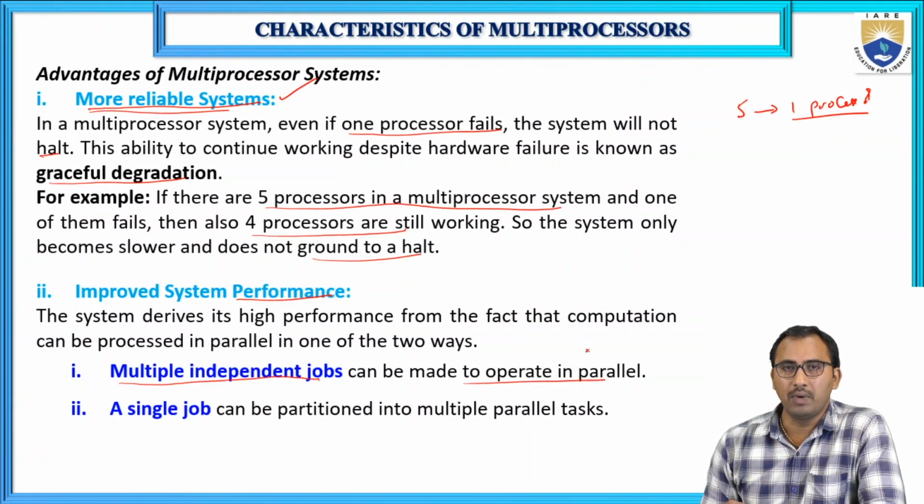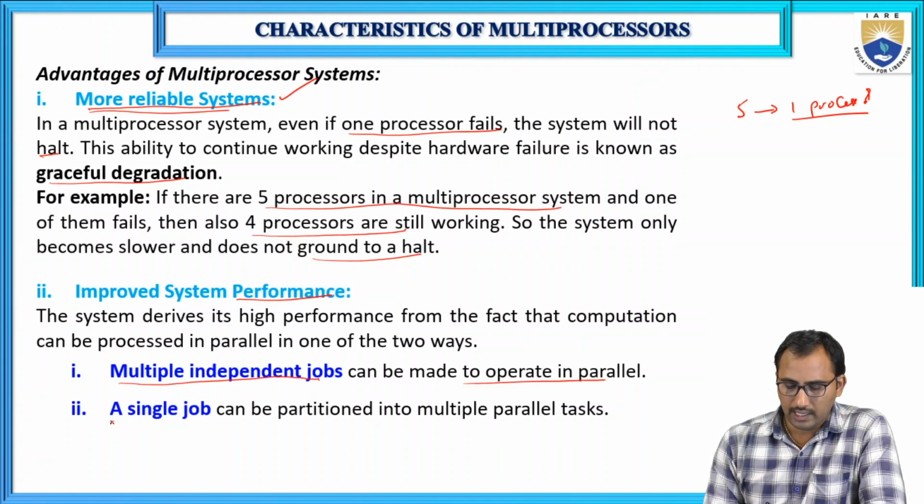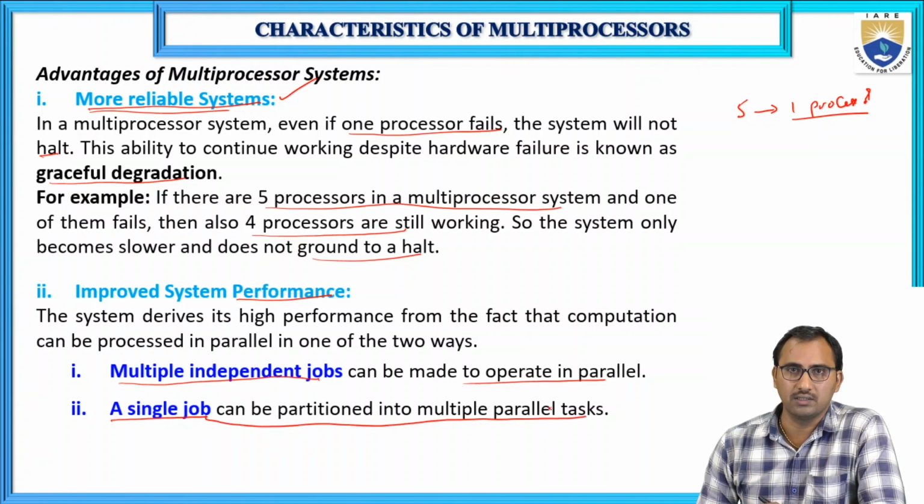All those multiple independent jobs are allocated to the multiple CPUs available, so that the tasks can be completed in less time and in an efficient manner. And the second way of improving the system performance is that a single large job can be partitioned into multiple parallel tasks. So by using these two ways, the performance of the system can be improved.